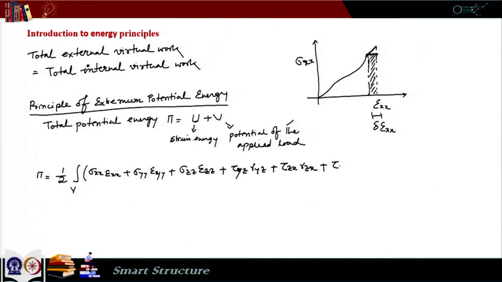So, we have all the shear and normal components. So, this is my strain energy U. Now, please understand, this expression can be written only when the behavior is linear. For this kind of nonlinear material behavior, we cannot write this. So, the virtual work principle is more robust.